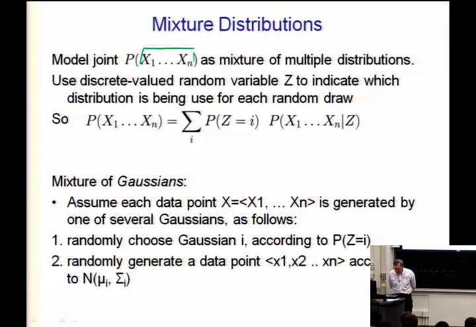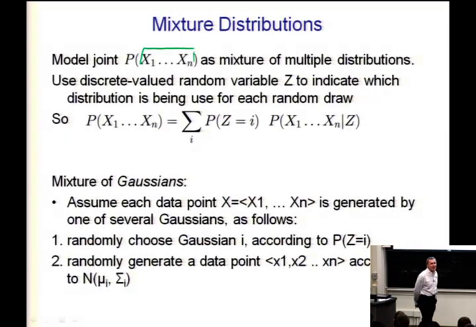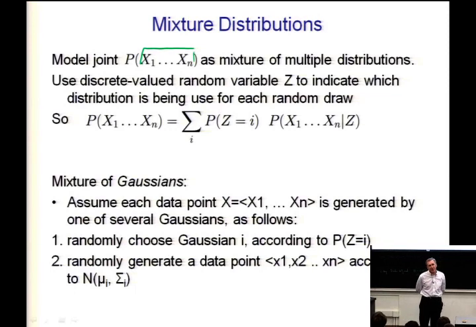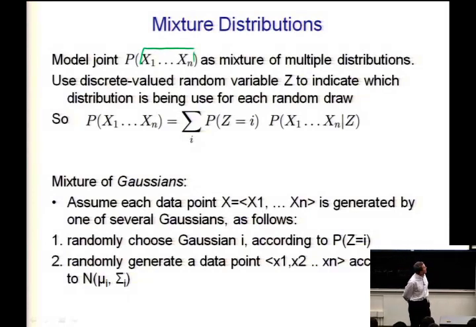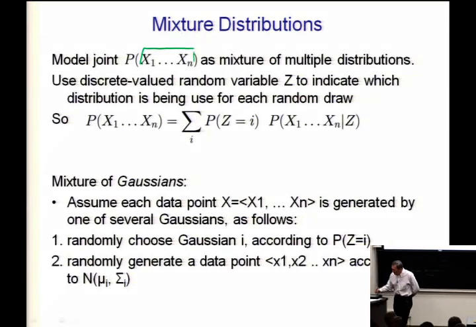A mixture distribution is just a particular kind of joint probability distribution over these random variables that takes on this particular form.